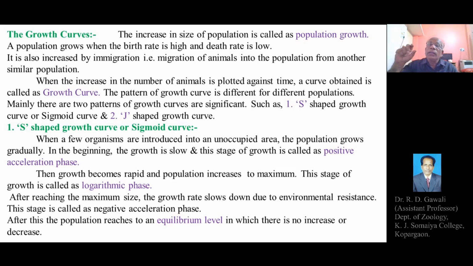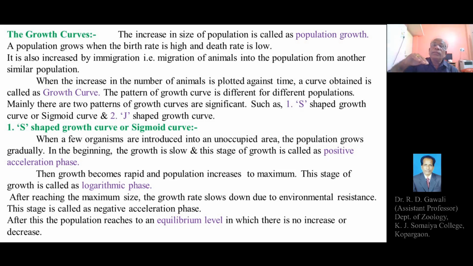Due to the few number of organisms initially present in the particular area, there is a slow population growth. So population grows gradually in the initial phase. In the beginning, the growth is slow, and this stage of growth is called the positive acceleration phase.